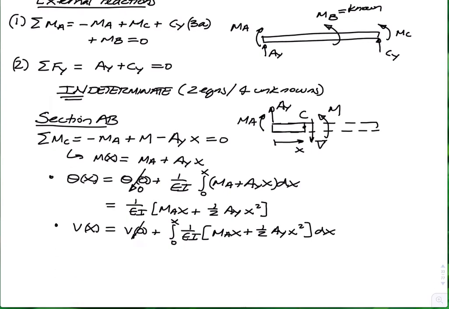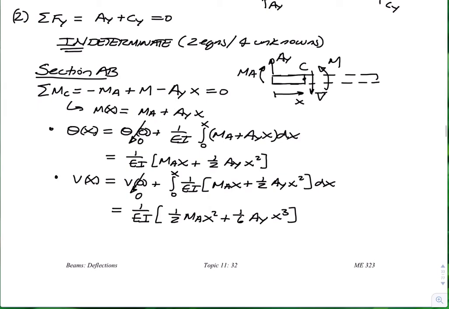Again, since the left-hand side is clamped, not only is the rotation 0, so is the displacement, the deflection. So I get 1 over EI times 1 half MAX squared plus 1/6 AYX cubed.